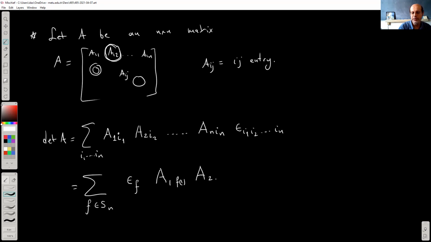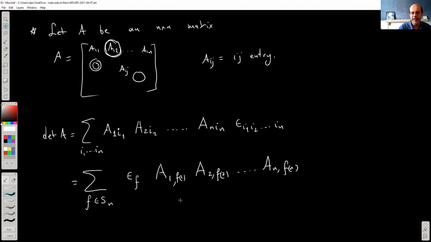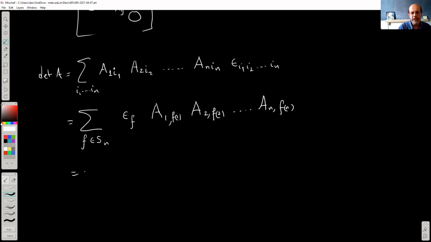So we have A2, let me use a comma here, f of 2, and so on up to f of n. You can see that there are n factorial expressions in here. I can also write down each term like that. This is basically the inverse of the permutation applied on the first index. And as a result, some people just write down this expression with the rows and columns exchanged.